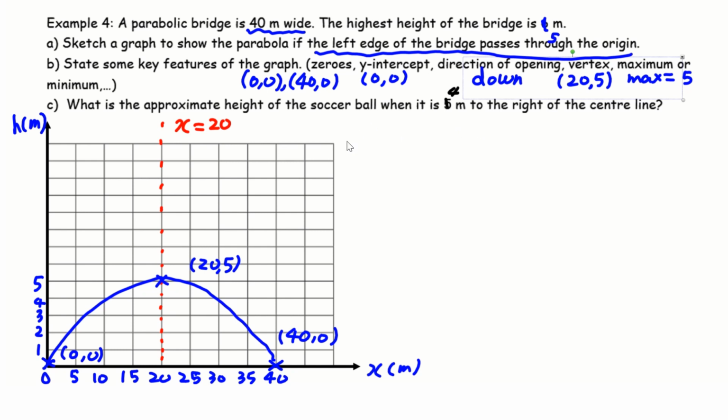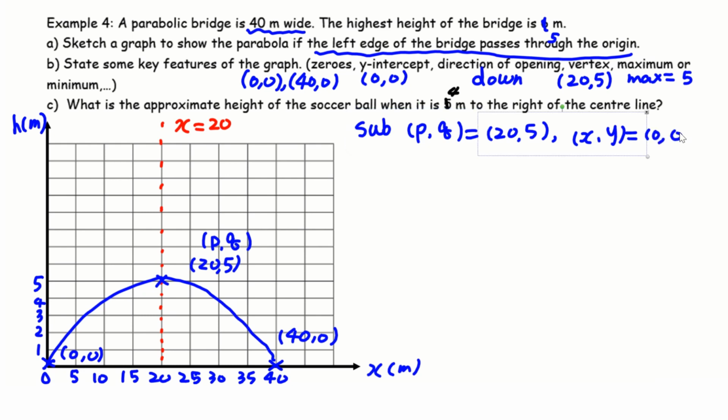So for this one, because PQ, the vertex, is given, we are going to use the vertex form again. We are going to sub PQ as 20, 5, and one of the points you could pick is 0, 0 or 40, 0.